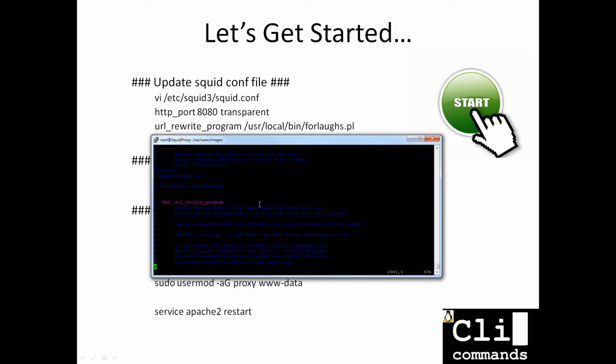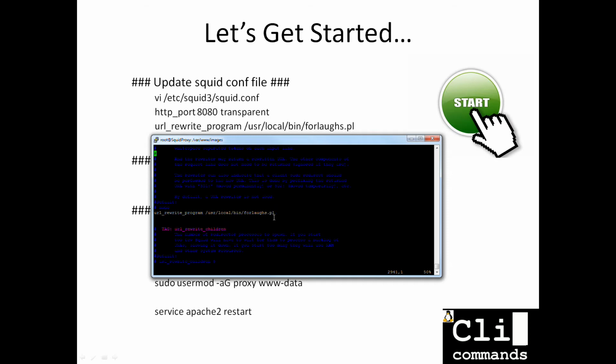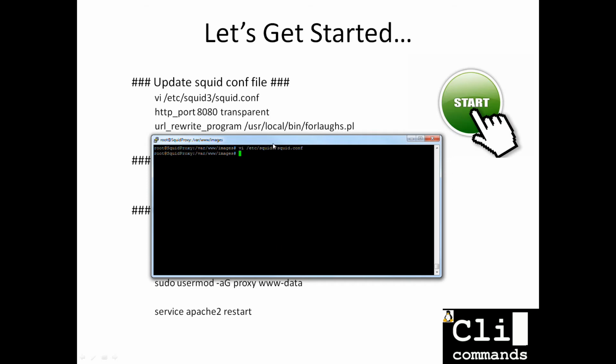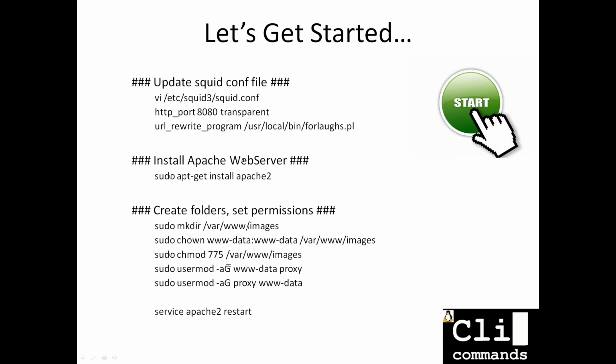It specifies the location of the executable URL rewriter to use. It can perform almost any function for which there isn't something already included in Squid 4. So we're going to basically run a Perl script called forlaughs.pl. Hey, it's April Fool's, we got to call it that, right? We'll close out of that. You would obviously save the commands. The next thing we need to do is install the Apache web server.